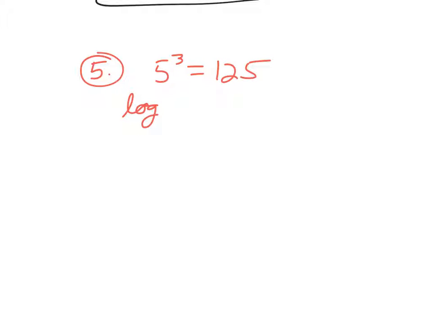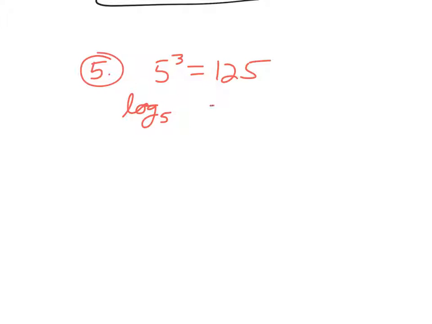Now, if you missed number 5, I'm going to be mad. It gives us 5 to the third equal to 125. We're supposed to write it as a logarithm. So the base is the subscript. So the little 5 goes down there.